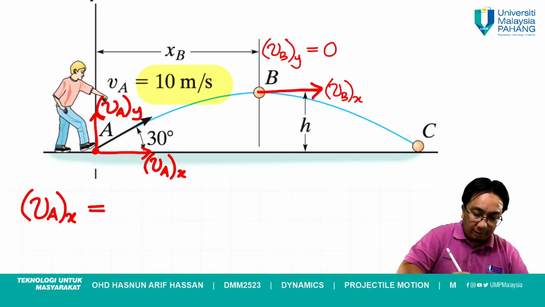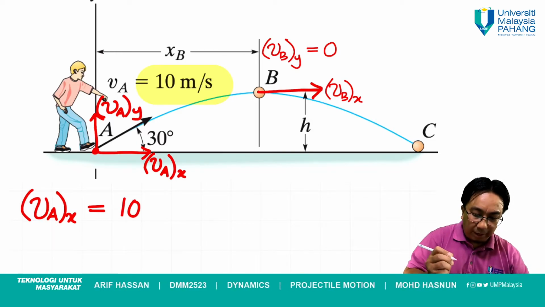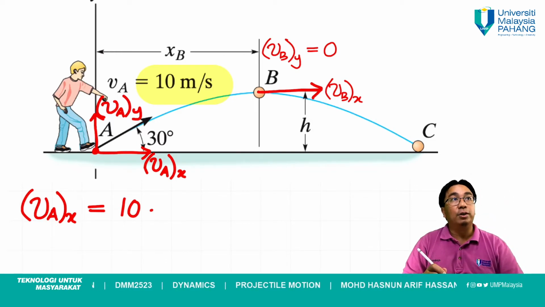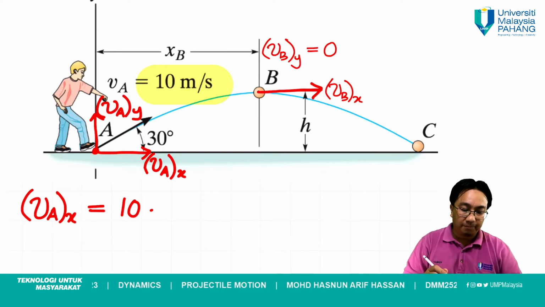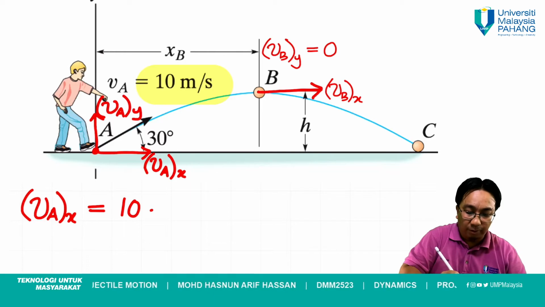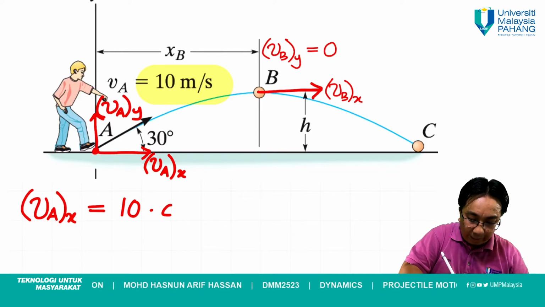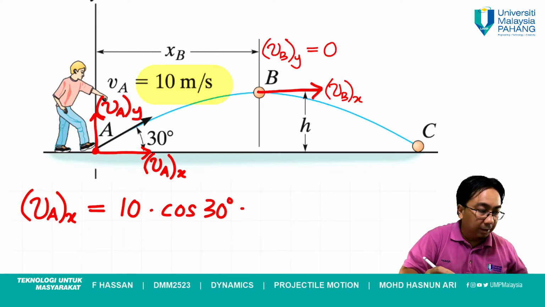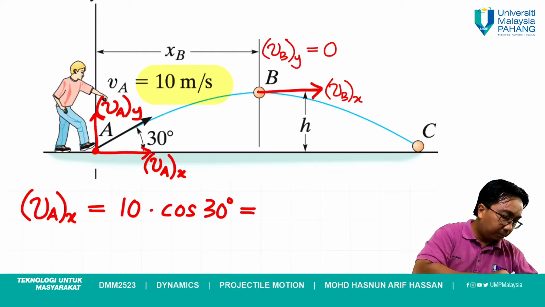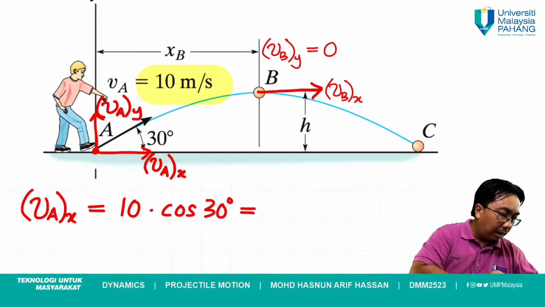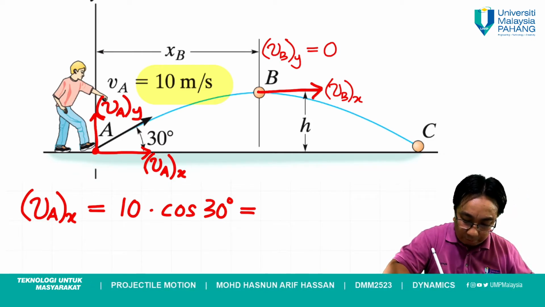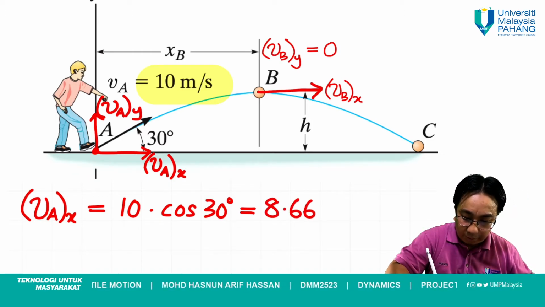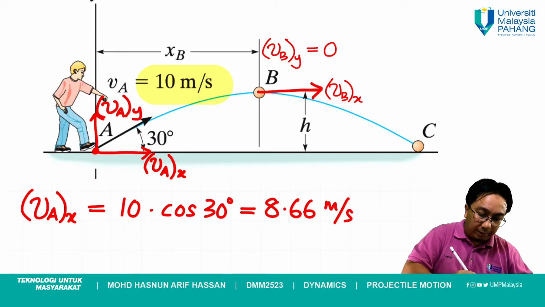VAX ni 10 darab dengan cos 30 ke sin 30? Cos 30. Okay. So VAX ialah 10 cos 30 degrees. So berapa kita dapat ni? 10 cos 30 ialah 8.66. So 8.66 meter per second. Ini VAX.